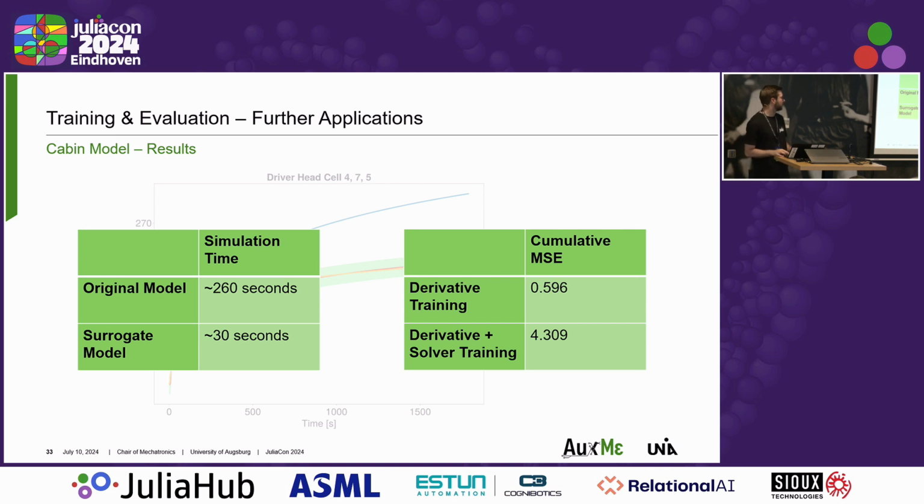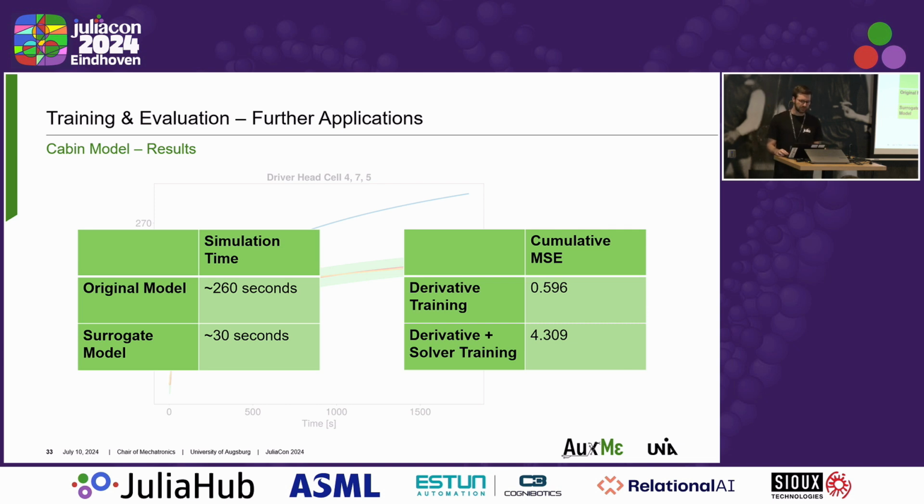If we look at the simulation time and the cumulative mean squared error, the original model for our simulation was around 260 seconds. And with our surrogate model with MeshGraphNets, we only had a 30 second simulation time, which is a big improvement.